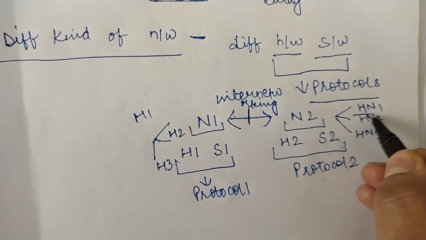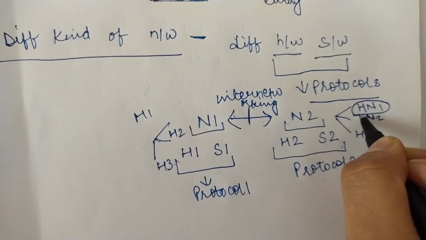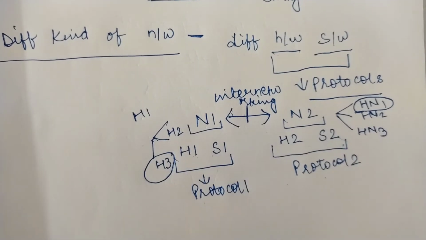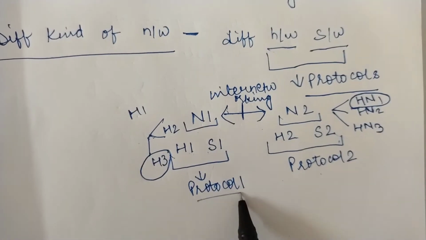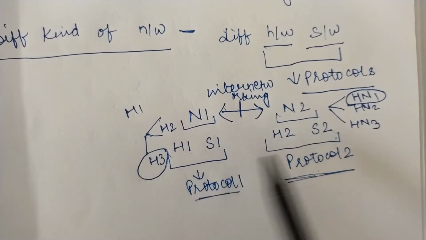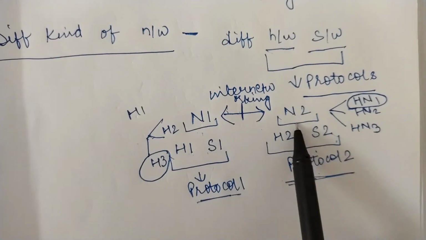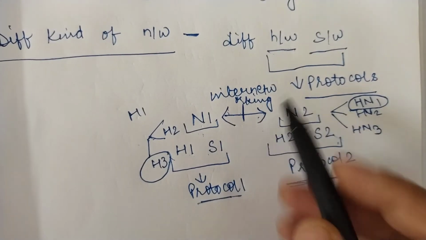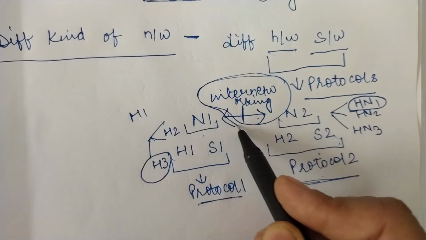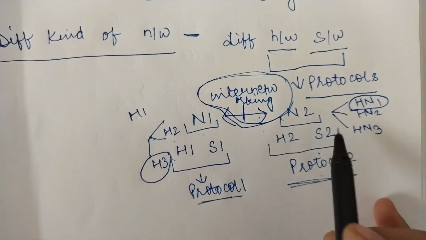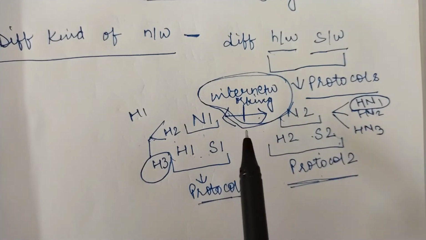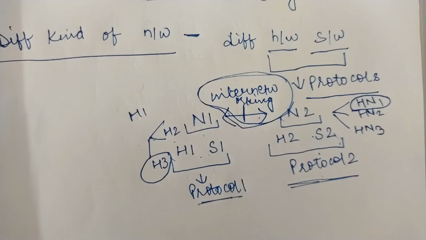Now if HN1 on network 2 wants to communicate with H3 on network 1, network 1 has different protocols and network 2 has different protocols. Such a connection between two different networks, when their hosts want to communicate with each other, is known as internetworking, internetwork or internet.